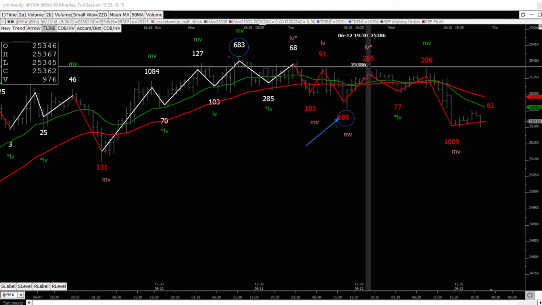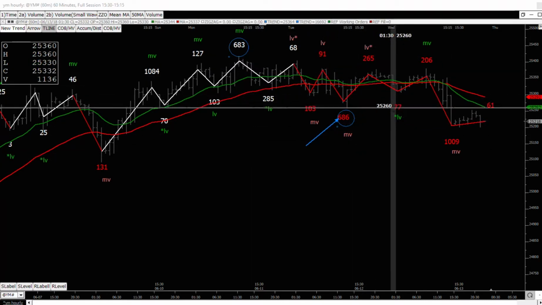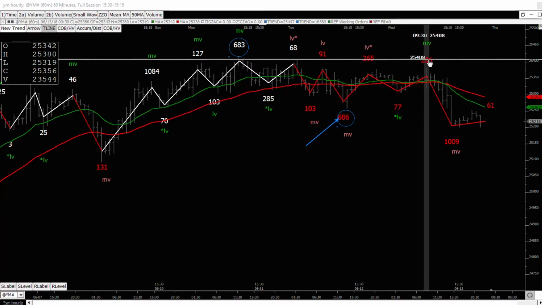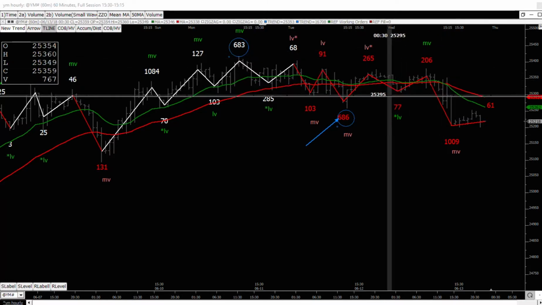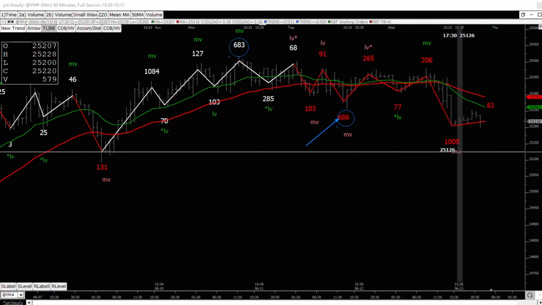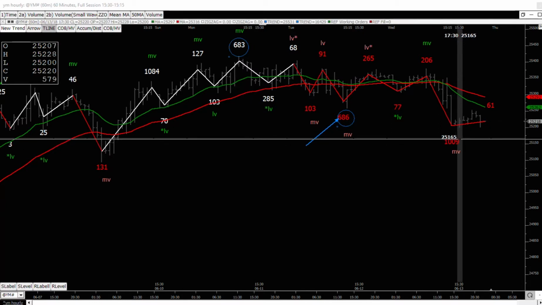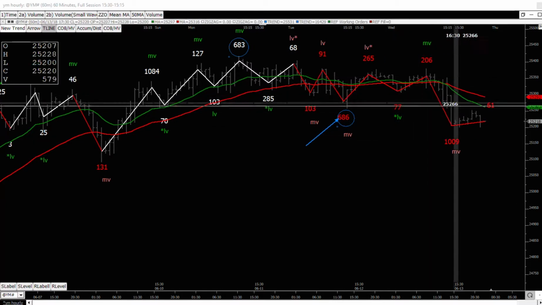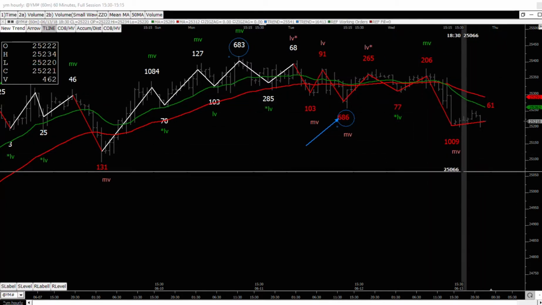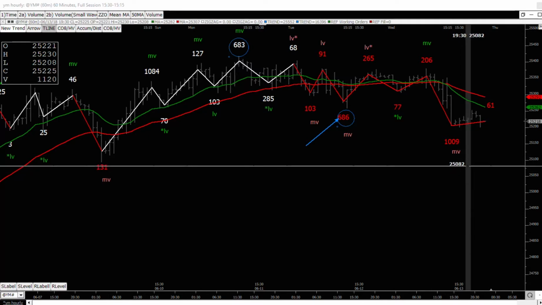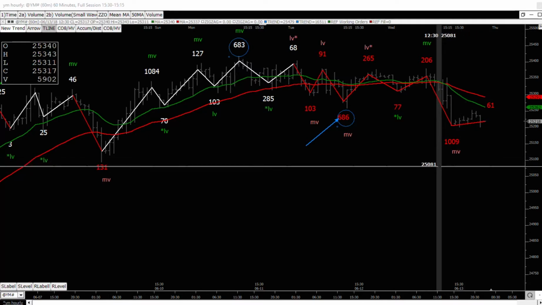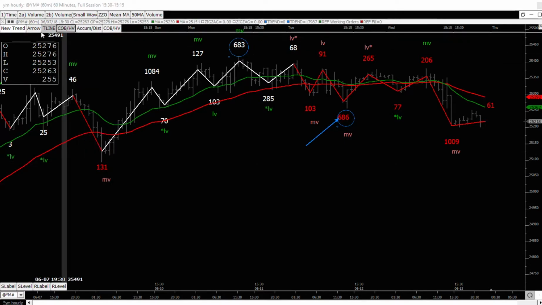So then what happens? They pull back on light volume and then more volume on the rally. This is a phenomenon you typically see before a breakdown. I don't know why it's so prevalent, but it's like the last rally before a breakdown. You see this a lot.